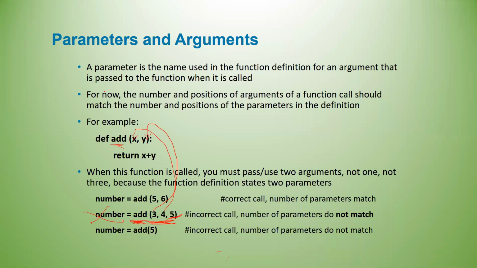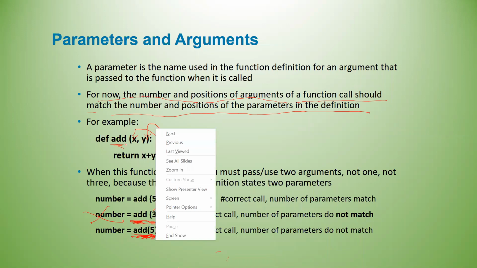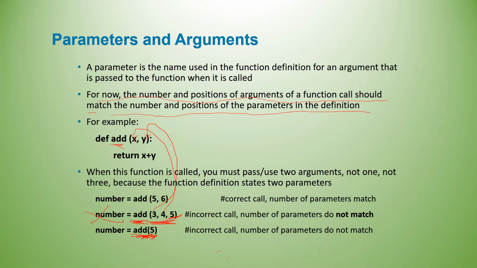Okay, that's what this means. The number and positions of arguments of a function call should match the number and positions of the parameters in the function. Okay, in the definition. So this one, the same. Add 5, 1 parameter, and our definition. So this one is not correct either because they don't match.